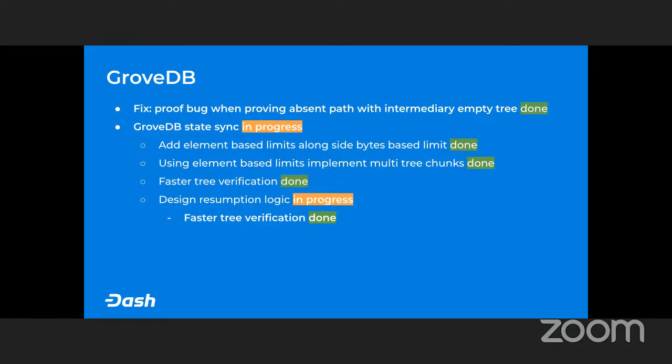We'll still do that when we're doing the verify GraphDB. So I implemented a faster way to do tree verification as one piece that is needed for the resumption logic. And I'm still designing the other parts of it, and that is basically still in progress. So that's the update on the state sync.